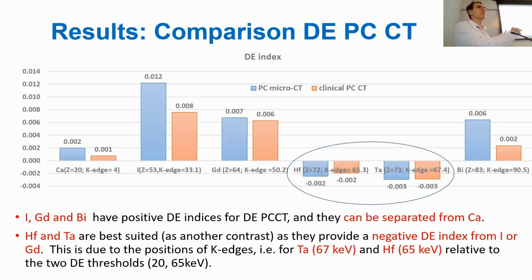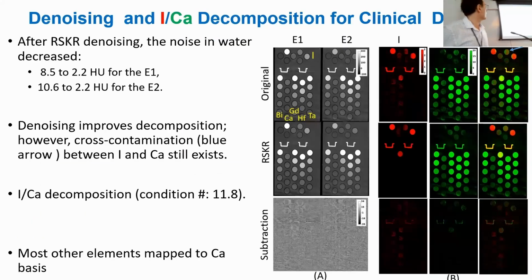So if you image with a threshold that's very close to their K-edge, then you have a higher attenuation in the 65 than in the 20 for the tantalum and the hafnium.